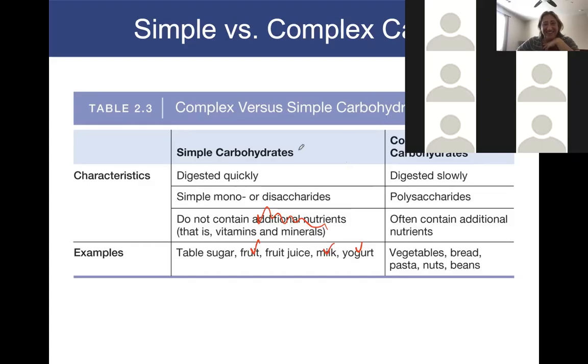So if I feel like I'm pooping out, I'm going to eat some sugar, some glucose tablets, or have some raisins or some fruit, something that I can break down really quick to get energy to my muscles. If I'm at home, just sitting on my butt, I'm going to have some complex carbohydrates because I want them to slow down and provide sustained energy. If I'm studying, I want a little bit of sugar to get that brain going, and then I want some long carbs.